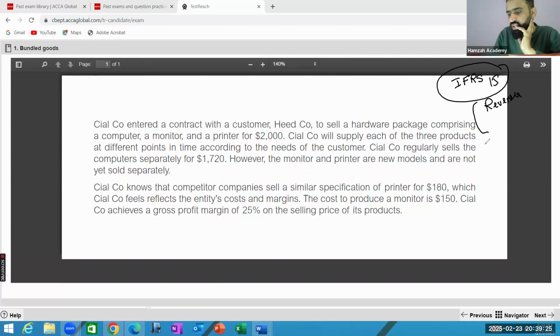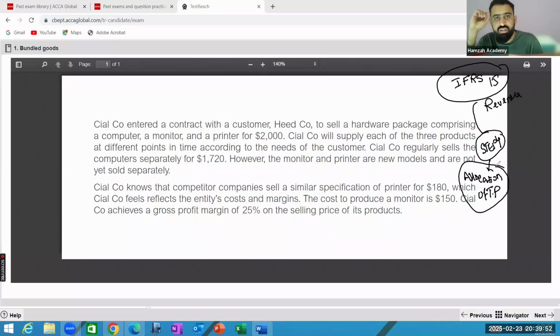In IFRS 15, there is step number 4. Step number 4 talks about the allocation of transaction price.